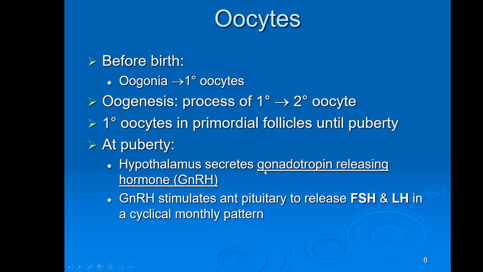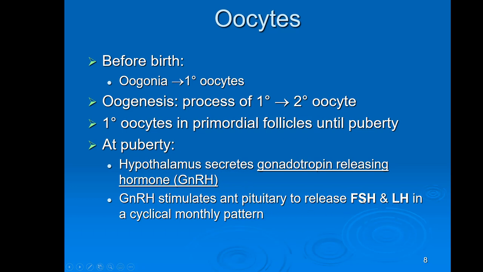The hypothalamus secretes gonadotropin releasing hormone, which goes down the blood vessels to the anterior pituitary and stimulates it to start releasing follicle stimulating hormone and luteinizing hormone, which you've heard of before. It does so in a cyclical monthly pattern.